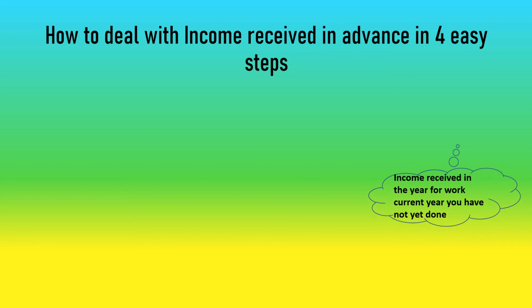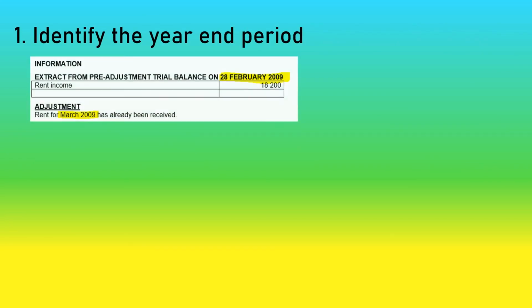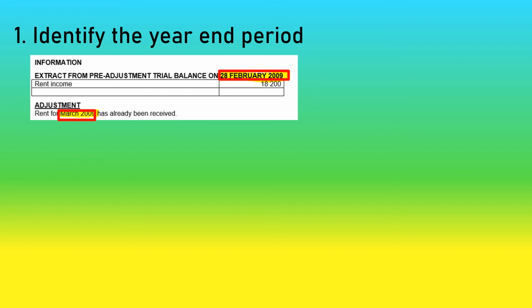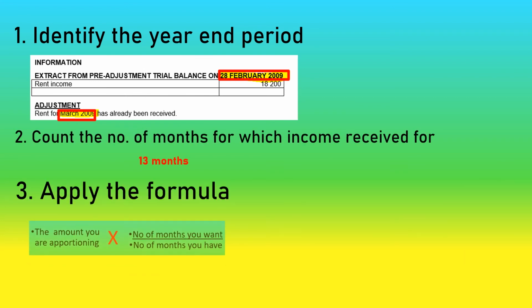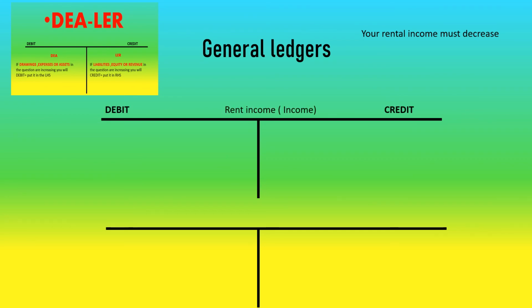Income received in advance is calculated in a similar way. The same 4 easy steps are used. Let us now look at the impacts on our general ledger, which is your T account. Remember, we've received income in advance, right?